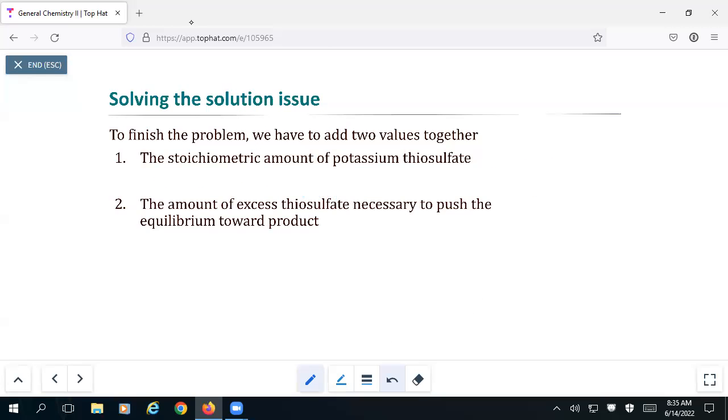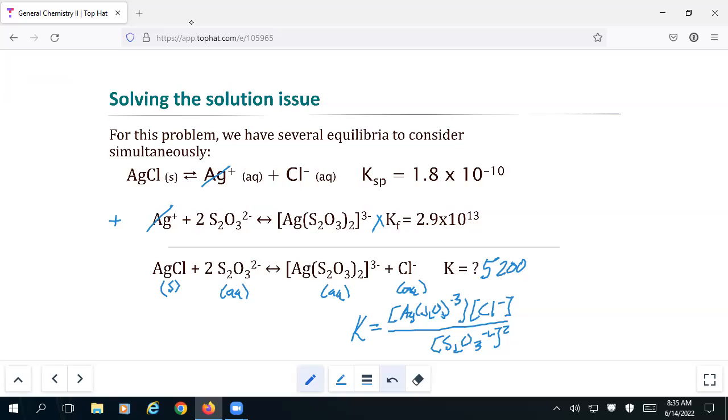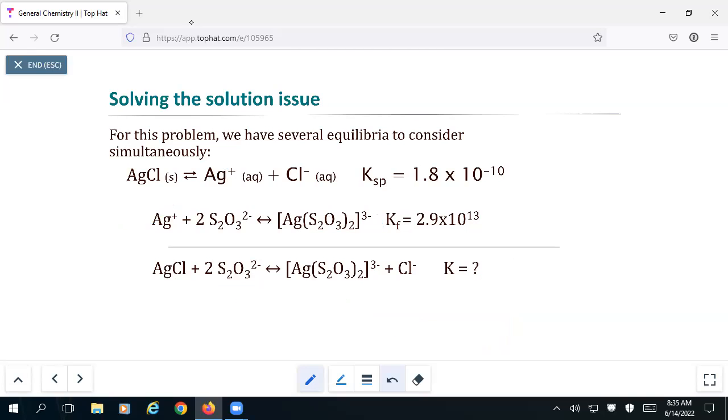And so for that, we would come back to this. And we would just have to do a little bit of manipulation.